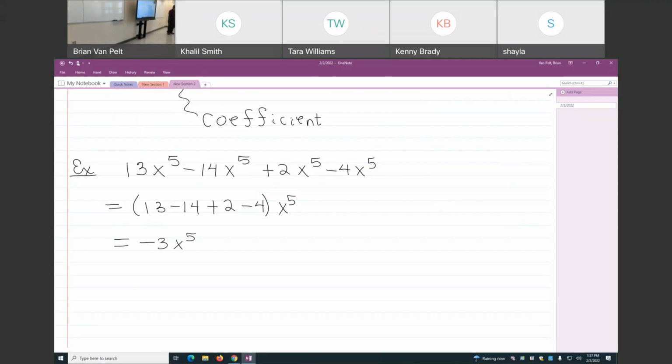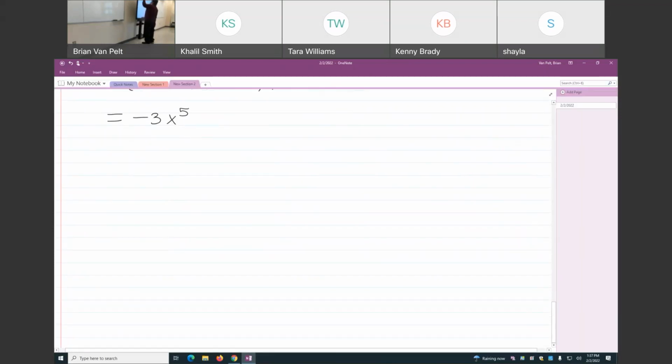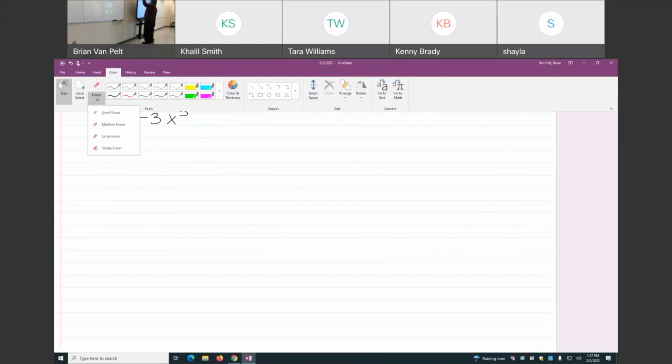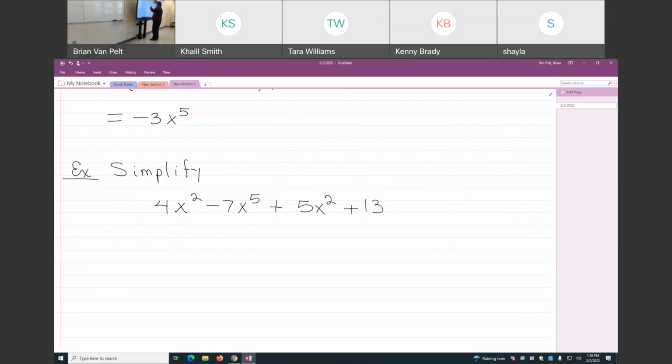Any questions about that? So you'll see this terminology then many times. A little bit different than the last problems.